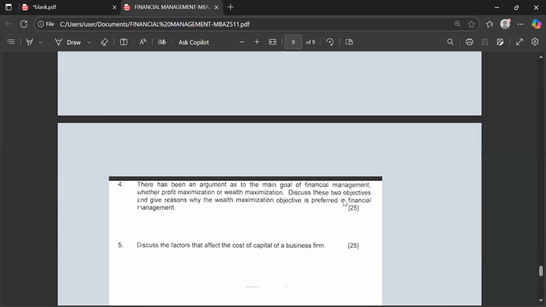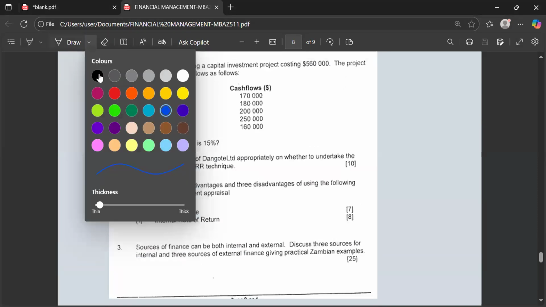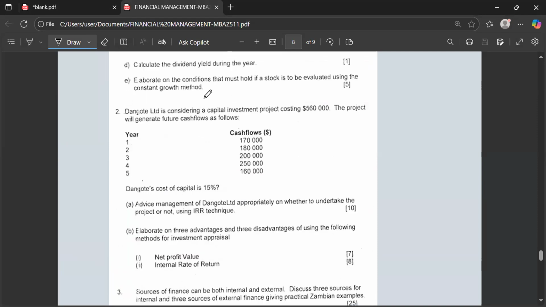So I'm sure we were looking at this question here. The question that says Dangote Limited is considering a capital investment.